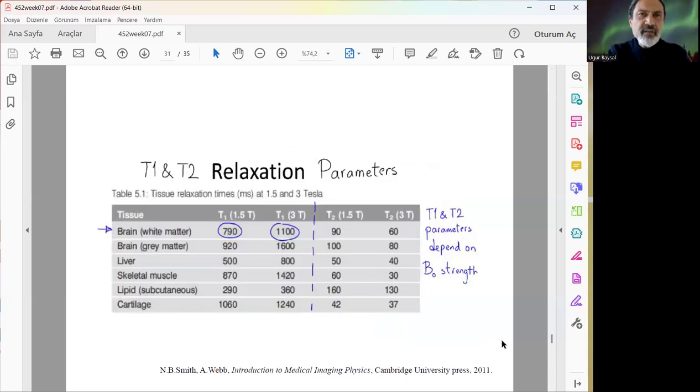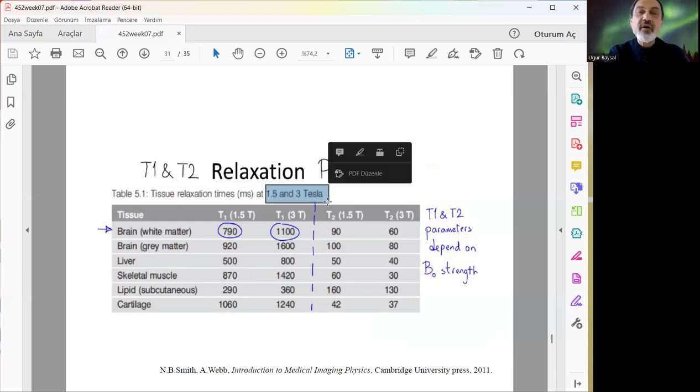Also, T1 and T2 relaxation at today's systems, 1.5 and 3 Tesla systems, are considered differently than 0.2 Tesla systems, which is expected. So this table is much more informative.